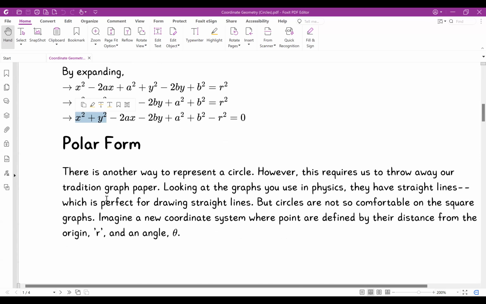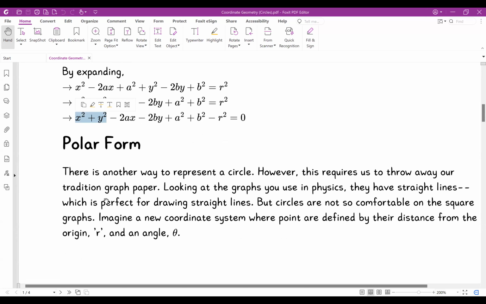There is also a way to represent a circle without X and Y. Sometimes we are looking at a graph, and you have the graphs being horizontal and vertical lines. Not all the time do you need the horizontal and vertical lines. Sometimes it would be better if we could draw it on a graph that just had circles instead, right?